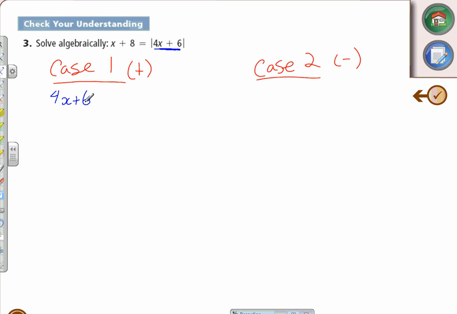That's where it's greater than or equal to 0. Solving through, we get when x is greater than or equal to negative 3/2. So that's when we're using case 1. Case 2 occurs when 4x plus 6 is less than 0. This one happens when x is less than negative 3/2.